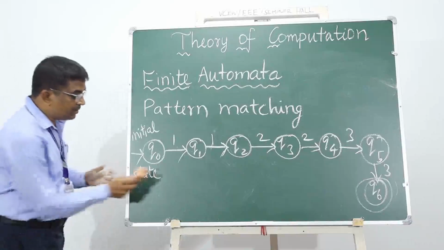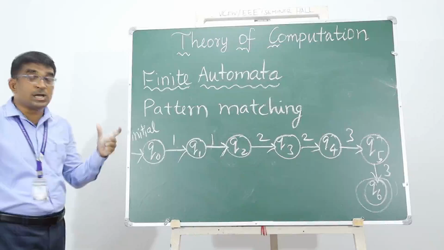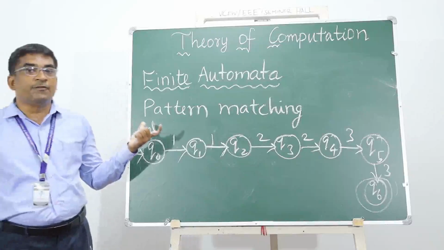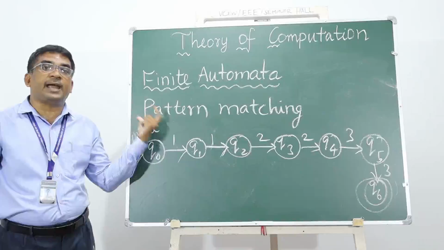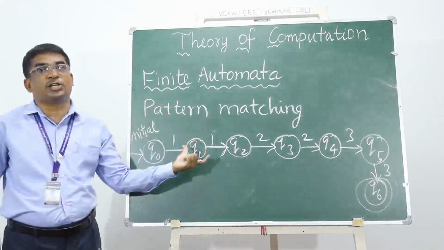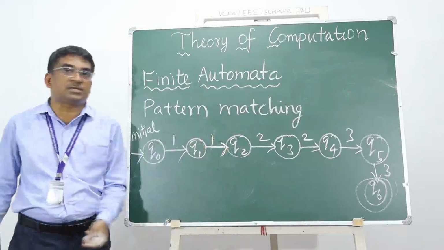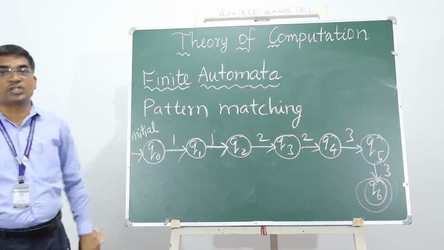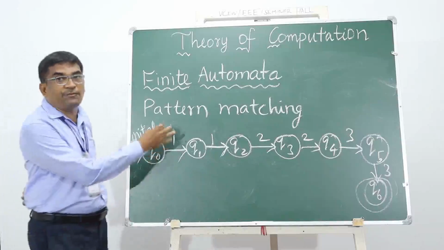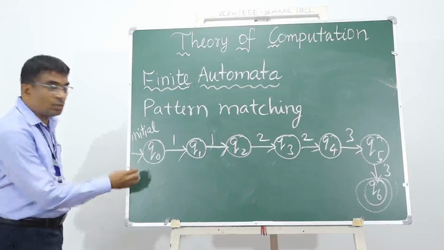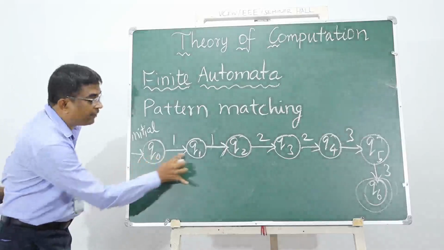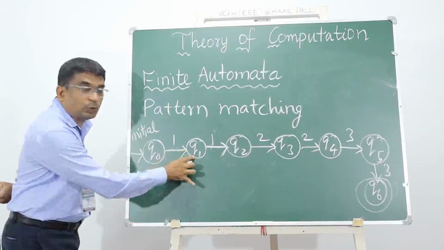Okay, in the previous example we constructed the transition diagram from the transition function, but in this case the transition diagram is given. So how is the transition function derived from this diagram? Consider the first flow of execution, Q0 to Q1.